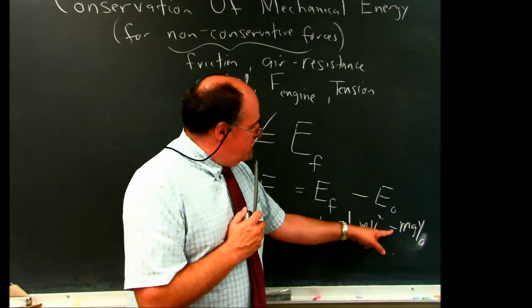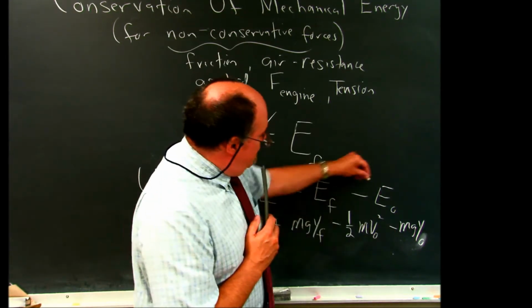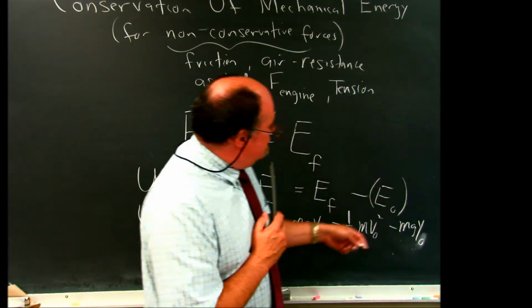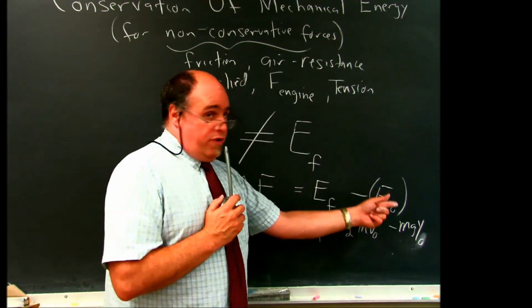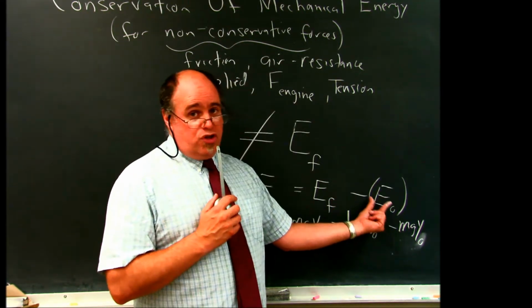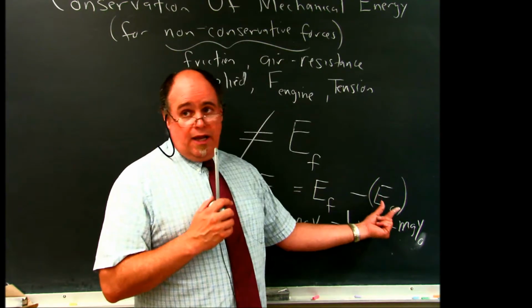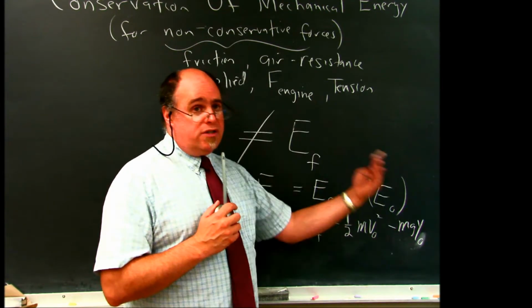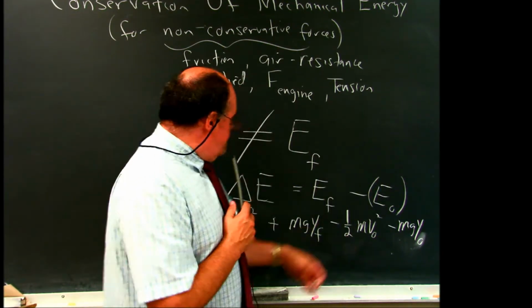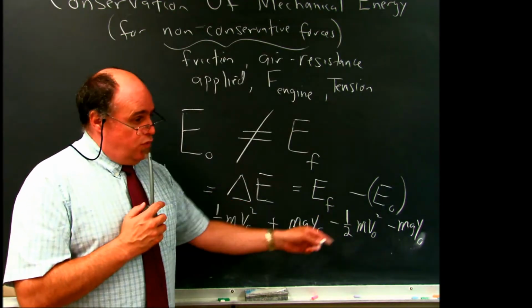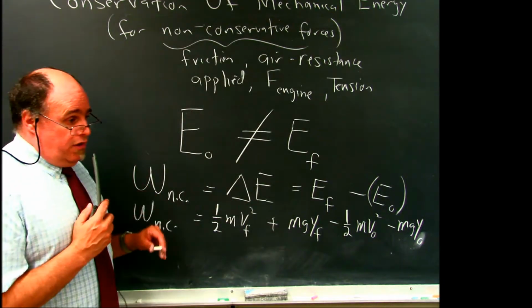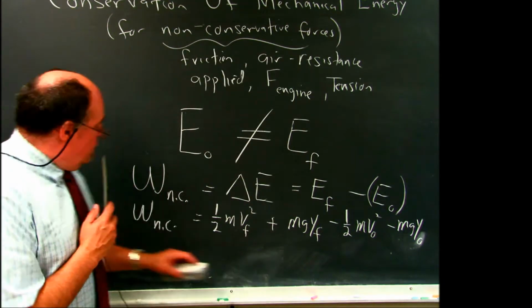Some people think I should have a plus there, but I'm minusing with parentheses, everything that would be in there. So when I talk about the total energy, I have kinetic plus potential, but I have to subtract away both of them. This is the formula you would use for conservation of energy with non-conservative forces.